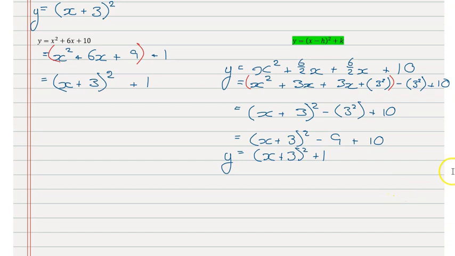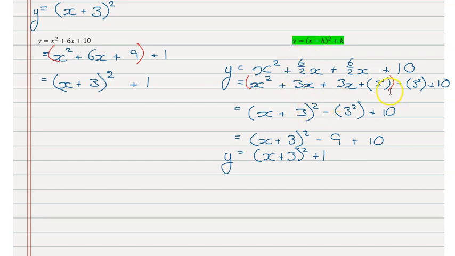So in the first example on the left here, we broke up the constant such that we could easily factorize down to a perfect square. And then in the second one, we didn't break the constant up, but rather we pushed it to the side and pretended it wasn't there. And then we added two constants, both equal in magnitude but opposite in sign, and we chose the value of the number we were adding as the square of half of the b, the coefficient in front of the x, which was 3.